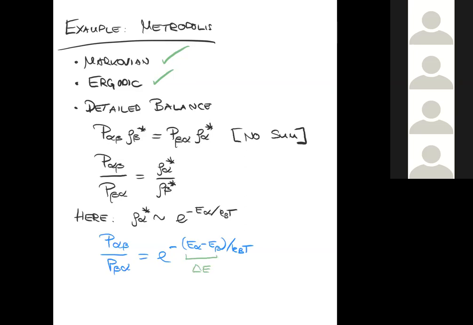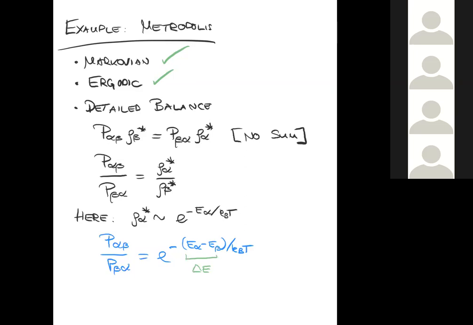We want to make sure that the ratio of the transition rates is just exponential in delta E. Now you can already see why the Metropolis algorithm was constructed in the way that it was, because indeed this probability was used in the construction of the Metropolis algorithm, that the probabilities are somewhat proportional to e to the minus delta E.